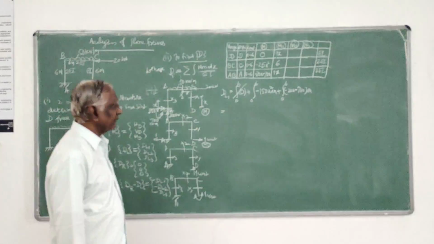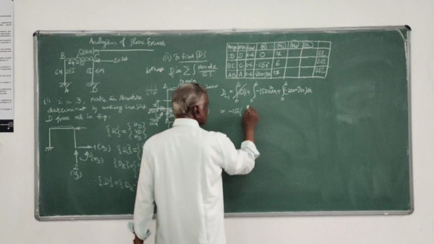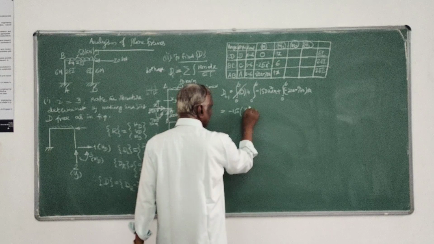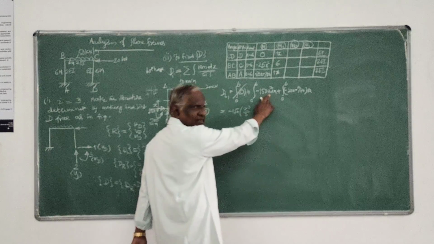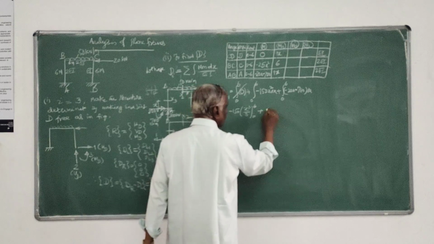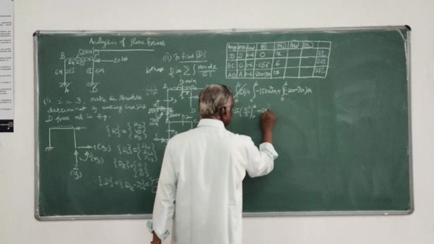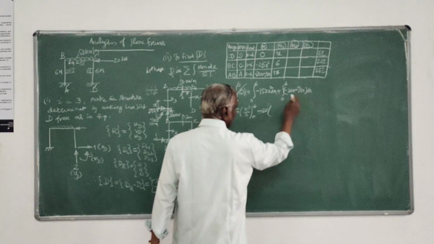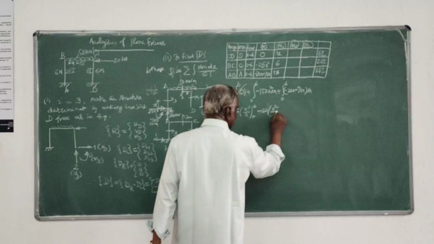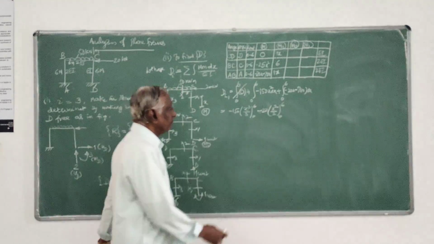You integrate this and get delta 1. So it is minus 150, integration of x squared dx is x cubed by 3, limits 6 to 0. Then here it is minus 20 into integral of x dx, that is x squared by 2, limits 6 to 0.